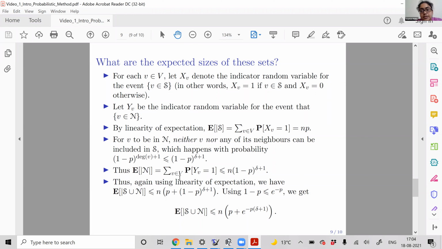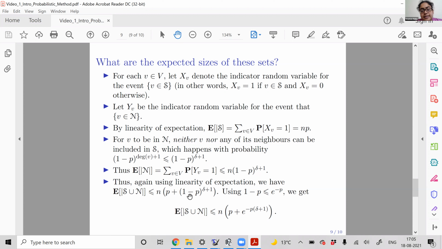But here we don't care, because we do have linearity of expectation. So the expected size of script N is simply the sum over all the vertices of the graph of the expectation of Y sub V, or the probability that Y sub V equals 1, and this is bounded above by n times (1 minus p) to the power delta plus 1.